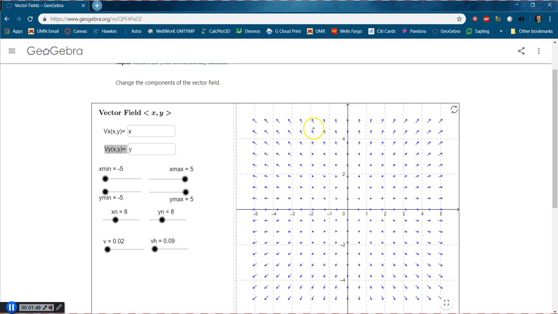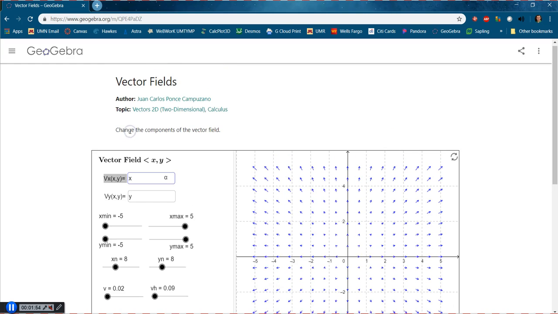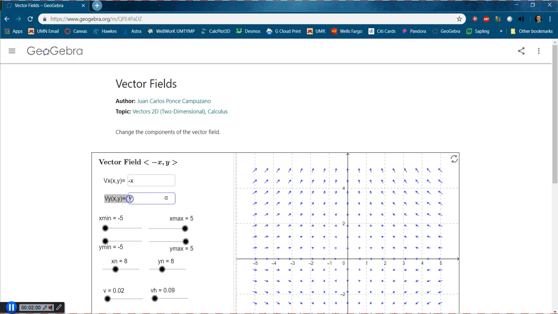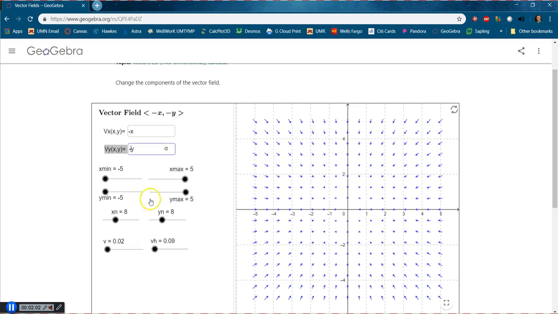Okay, that's interesting. If I happen to look at the other vector field, and just change these all to minus signs, again, now everything's flowing inward towards the origin.